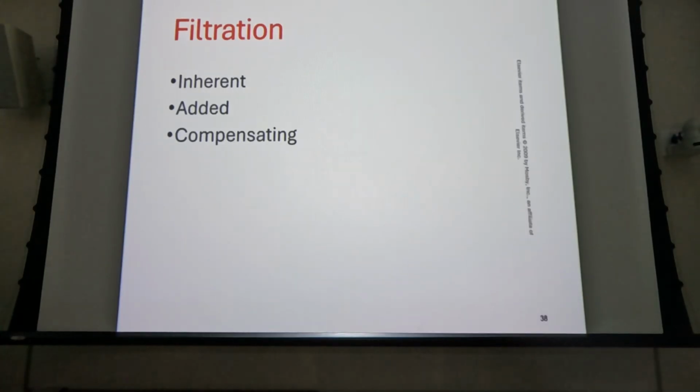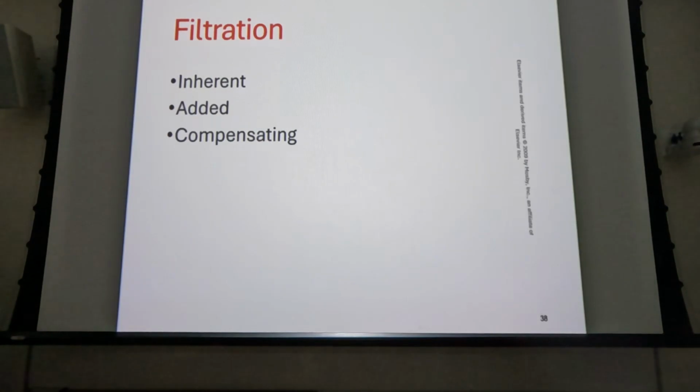Remembering also that inherent filtration increases over the life of the X-ray tube because of tanning of the tube. And added filtration will be anything that you add above all of that, right? So even though tanning is added filtration, it's added inherent filtration because you can't remove it.